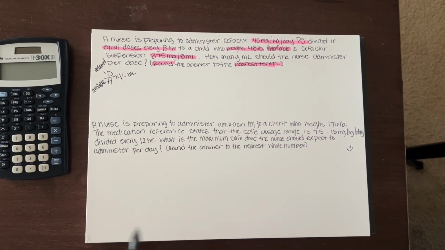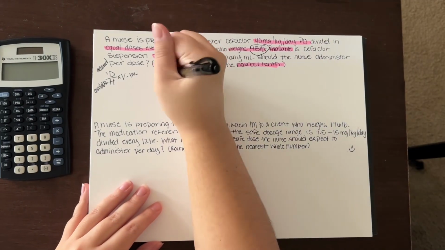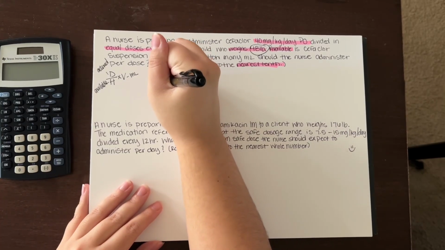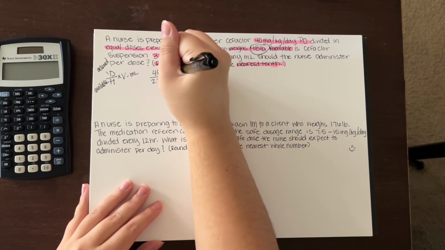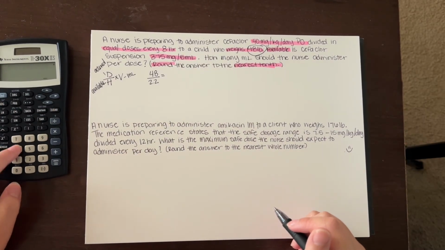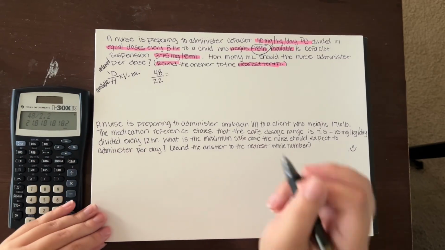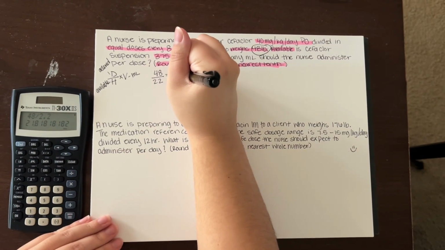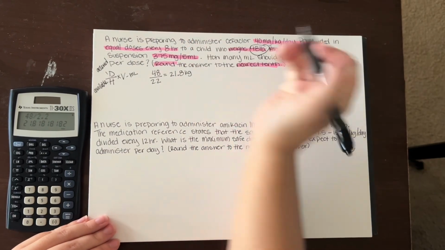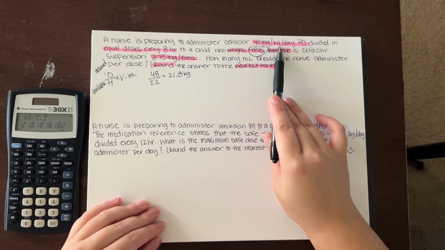Okay, so the first step is we need to convert our patient's weight into kilograms. So you're going to do 48 divided by 2.2, which should be 21.8 kgs. Okay, so our dose is per mg per kg.